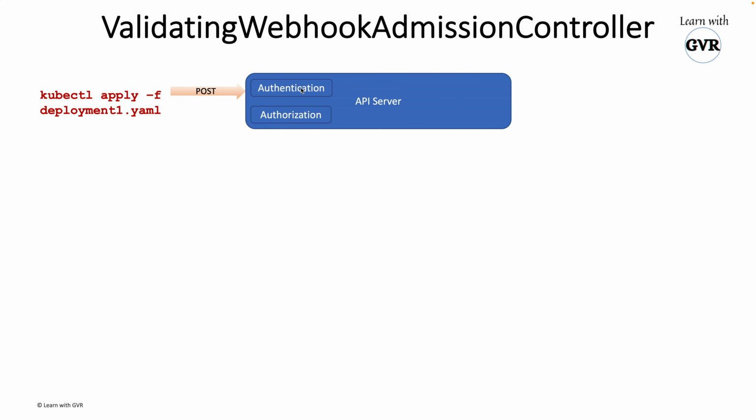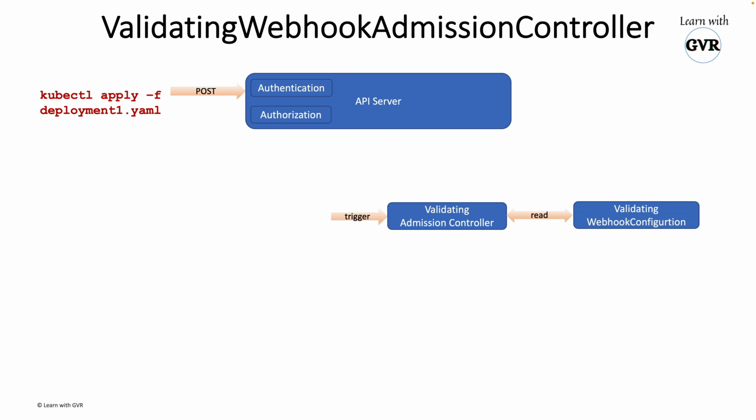The kube API server will have the authentication and authorization phase, AA. After that, the kube API server will trigger the validating admission controller, and this validating admission controller will read this particular webhook configuration, and this webhook configuration will have a backend service as well. Where is the webhook? This is the webhook. And once this admission controller knows where the webhook is, it will call the webhook.